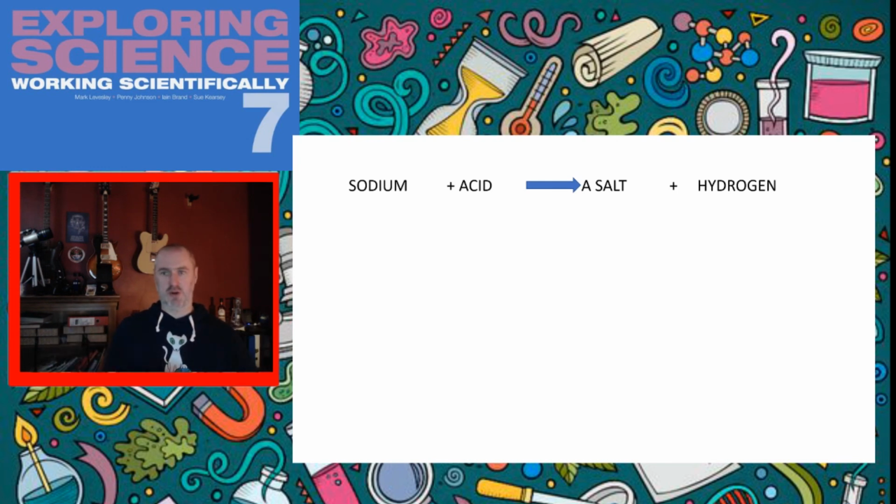It will be sodium chloride, sodium nitrate, or sodium sulfate, as long as we're using sodium as a metal. But what does change is we are only producing hydrogen. That comes from the acid. There's nothing with that hydrogen to react with to help it make water. So if I just use the metal, the gas that gets given off is hydrogen.